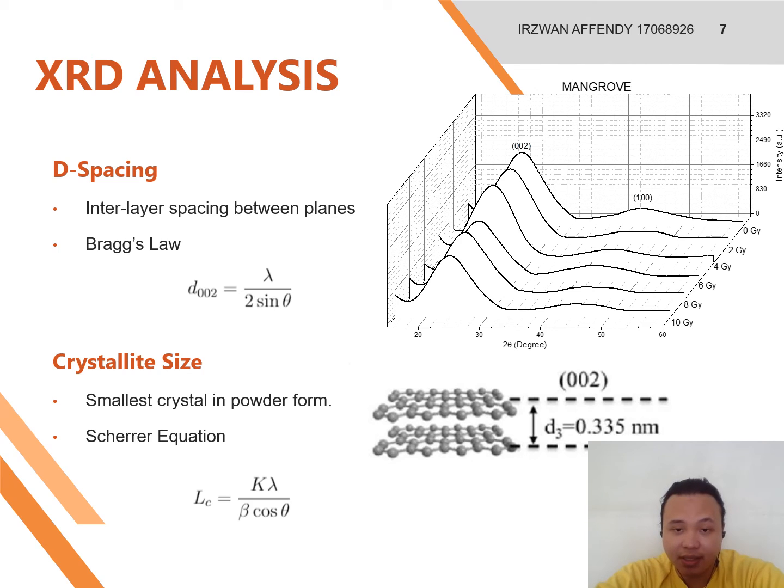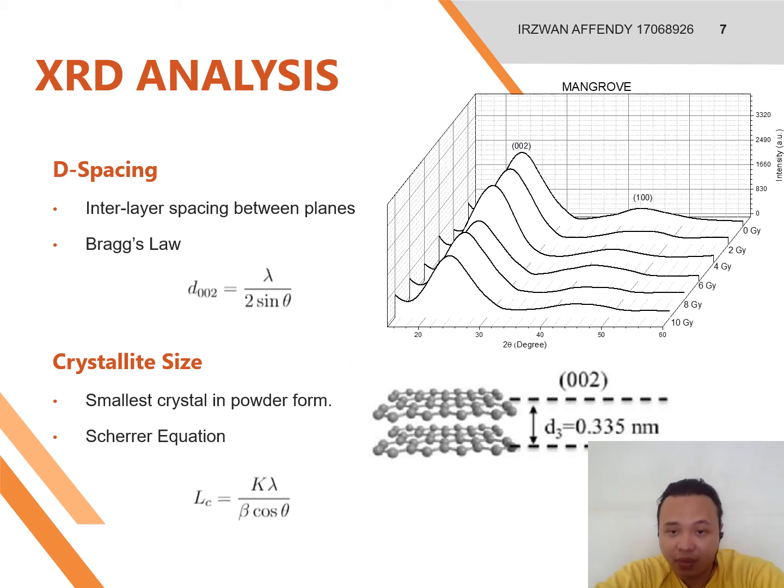On the right-hand side here, you can see the XRD spectra of our mangrove samples, and every intense peak that you can see corresponds to the lattice planes that are present in our material. Now, using the Bragg's angle and the full width at half maximum that can be obtained from the spectra, the d-spacing and the crystallite size can be calculated using Bragg's law and Scherrer's equation respectively.